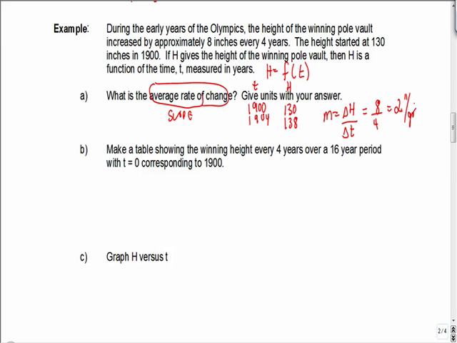But part B. Make a table showing the winning height every 4 years over a 16-year period with t equals 0 corresponding to 1900.